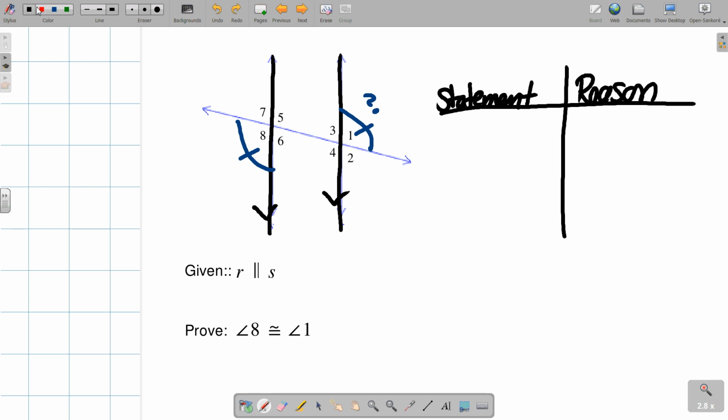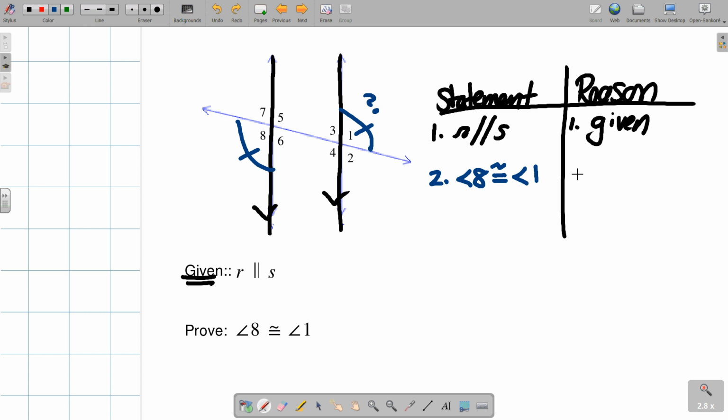This is also only 2 steps. I start with the fact that R is parallel to S. Why do I know that's true? It's given. Immediately, I know that angle 8 is congruent to angle 1, and the reason is these are alternate exterior angles. So I write if parallel, comma, then alternate exterior angles are congruent.